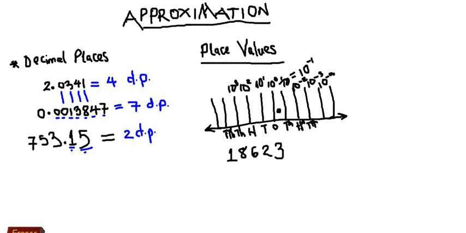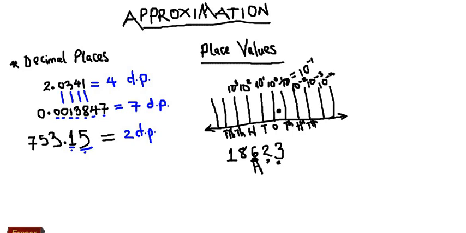Because this is a whole number, the 3 is under ones, the 2 is under tens, and the 6 is under hundreds. So if we want to round it off to the nearest hundreds, it means we'll be looking for the digit 6. We want to express this number with the relevance at the place value of 6, which is the hundreds.